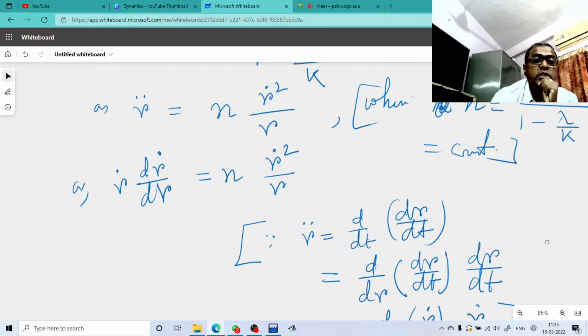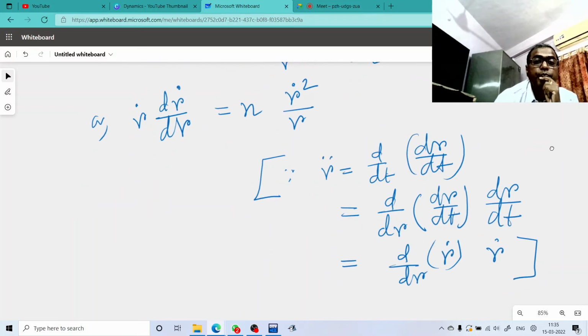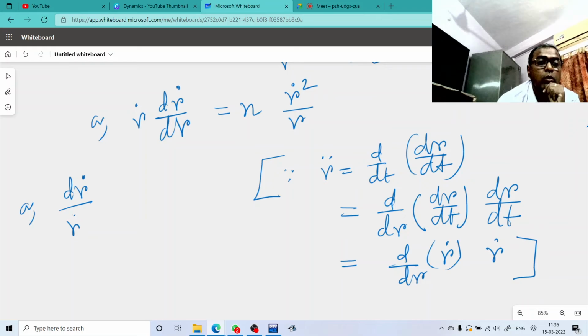So from this relation, separating these variables, we can write dr dot by r dot equal to n dr by r.